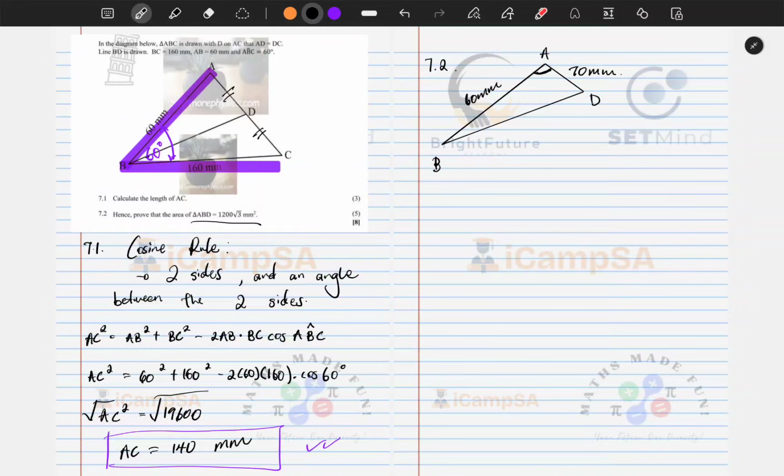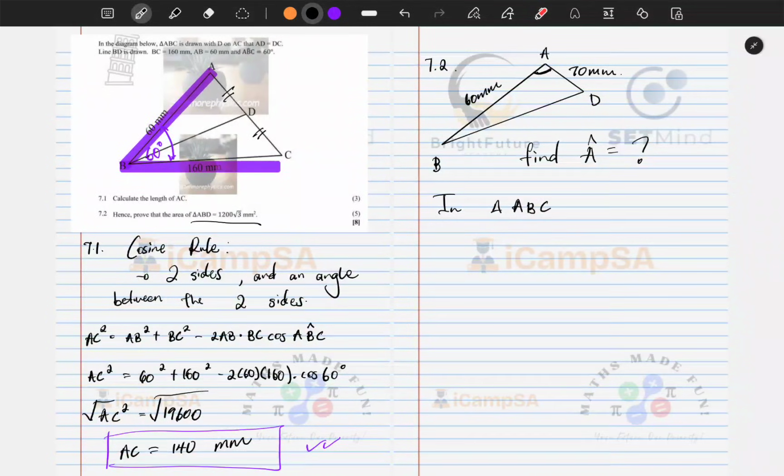So we need to find angle A. In order to find angle A, we are going to focus on the entire big triangle, triangle ABC, and use the sine rule.